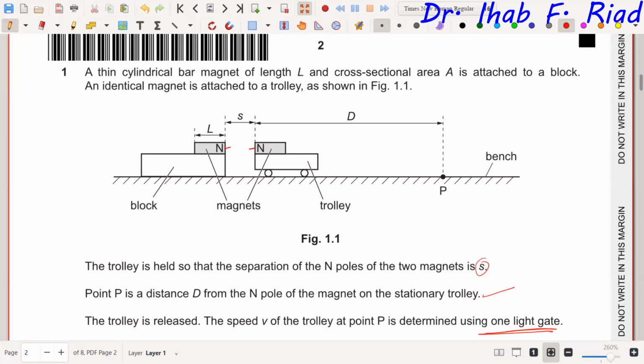Are they attracting or repelling? Repelling. So if we try to move them closer, the repulsion is stronger, right? Yes. Now, if we fix a distance S, for example, we bring them to 5 centimeters apart.